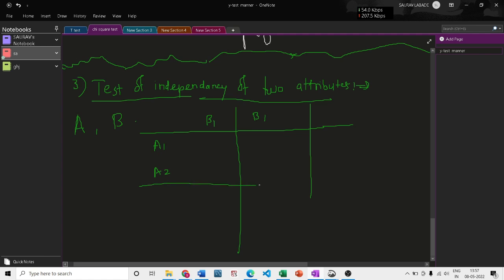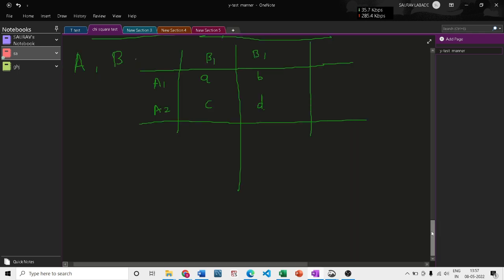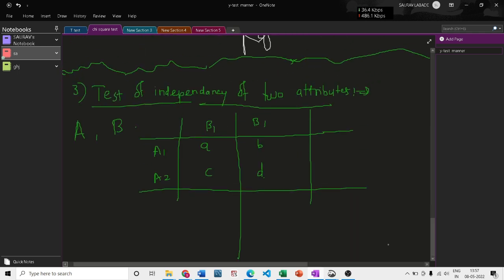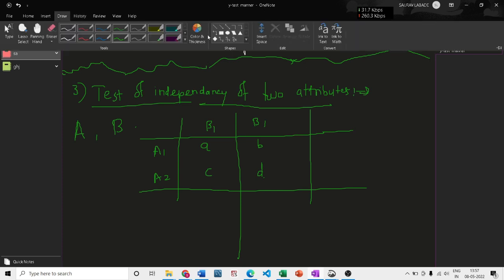and suppose there are some values in this table, which are nothing but A, B, C and D. From this table, we wish to test the independency between these two attributes. So how will we test that?